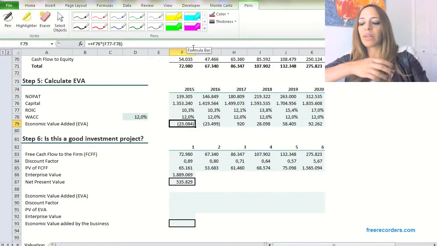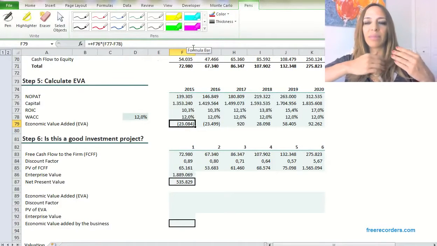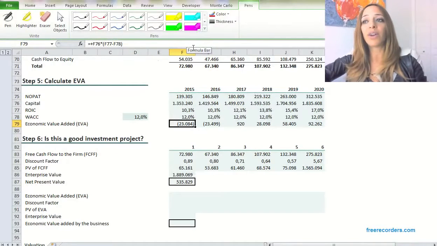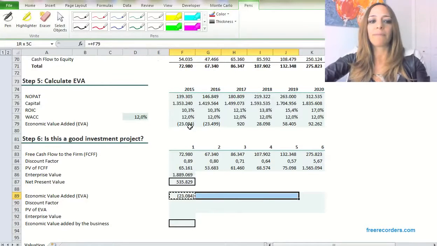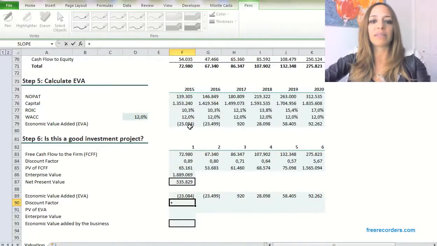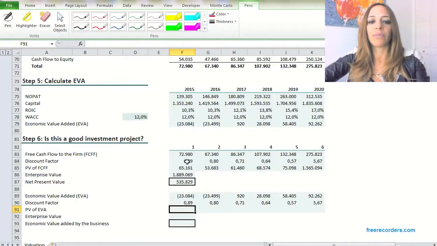Now, what is the total result? Can we just simply add the EVA of each year? No, we need to discount these numbers to present value because these are US dollars. Value creation is expressed in this case in US dollars. Do we need to calculate again the discount factor? No, we can use the same discount factor we had before. Therefore, let's repeat this EVA on line 89, and then let's find the discount factors we already calculated for the free cash flow approach.